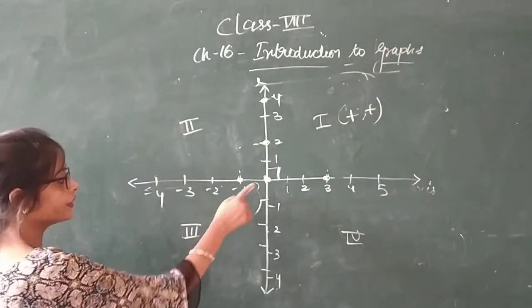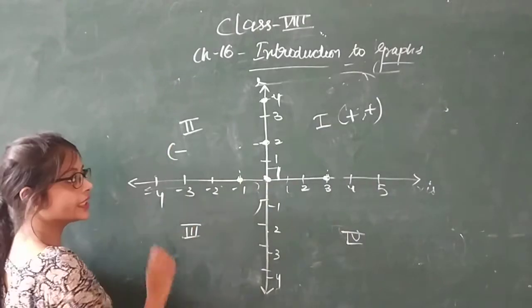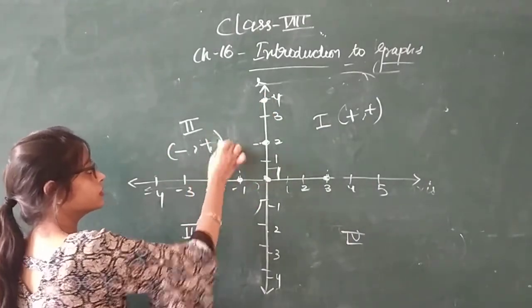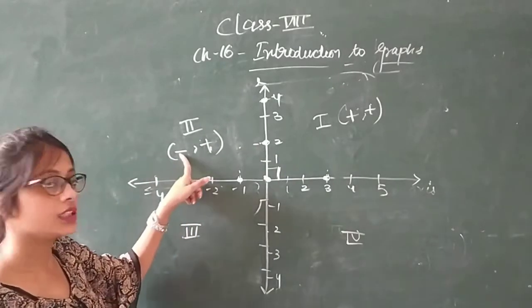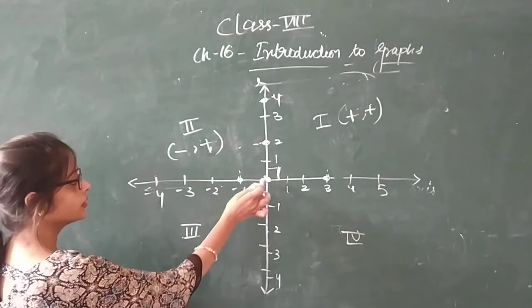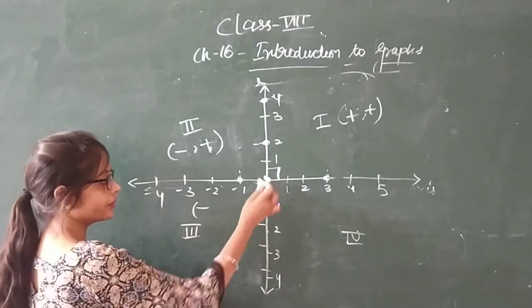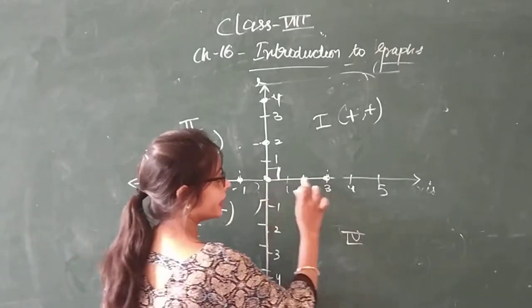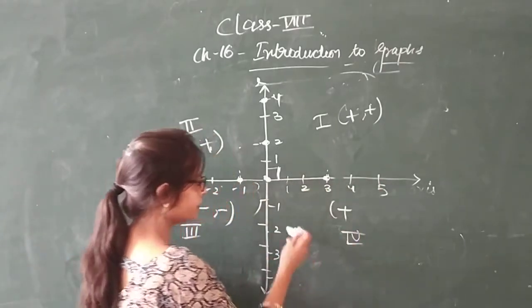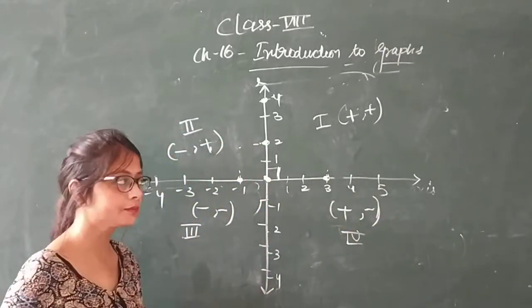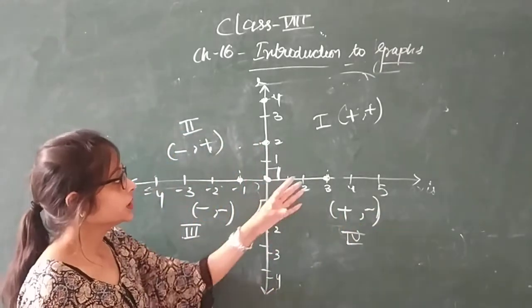In the second quadrant, x is negative and y is positive. In the third quadrant, x is negative and y is negative. In the fourth, x is positive, y is negative. Clear?